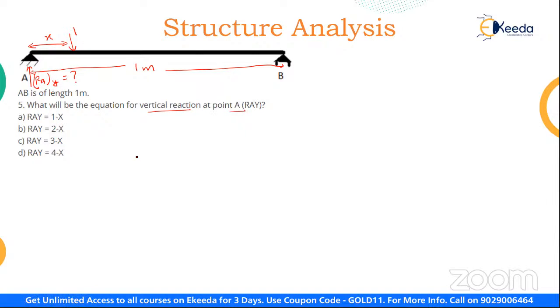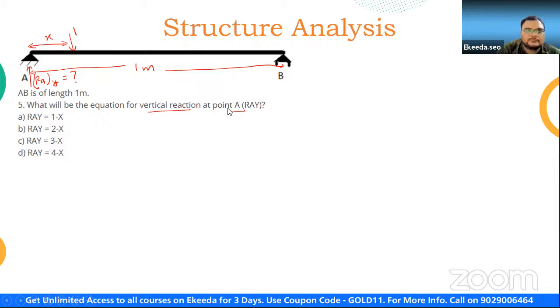Okay, let me solve this question for you guys. What I have to first draw is the vertical reaction at point A. So I have to draw the ILD, that is the influence line diagram, for the vertical reaction at point A, right?